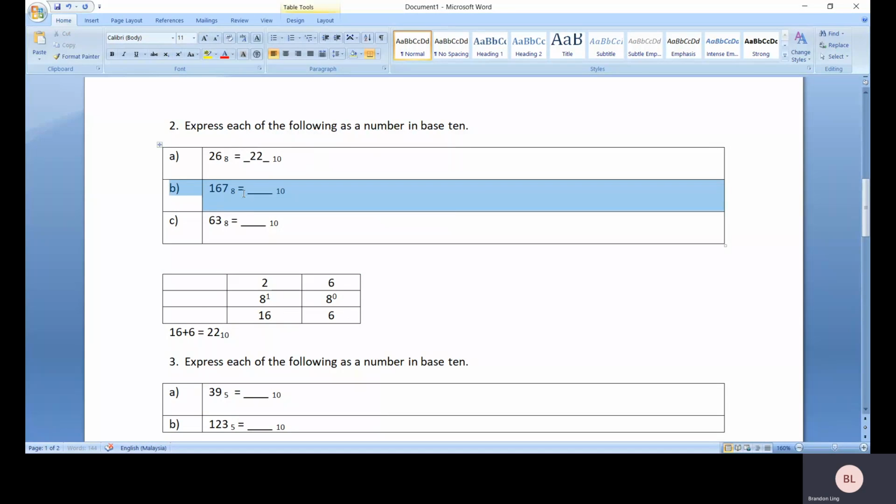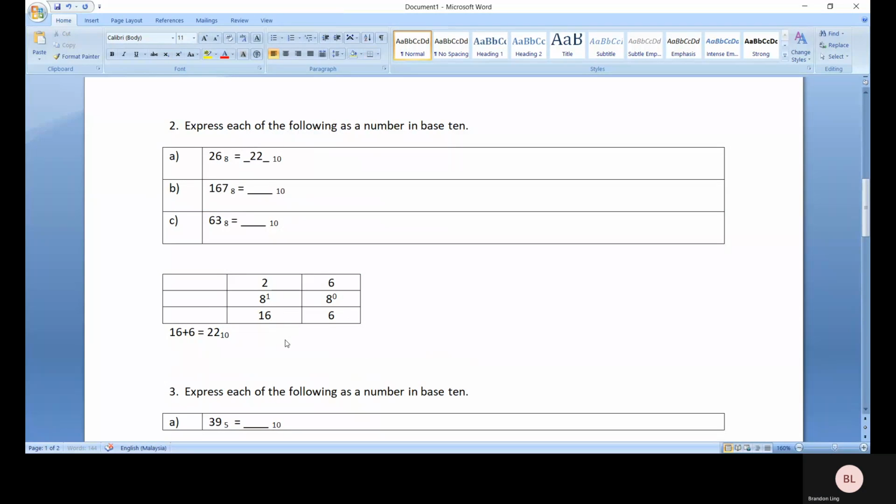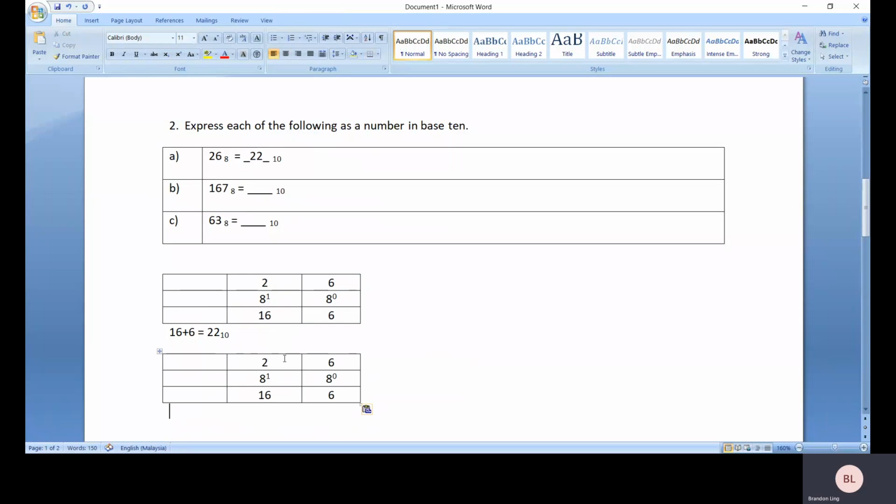We move on to question 2B. Okay, so it's 167. 167 base 8 changed to base 10. 8 to the power of 0, 8 to the power of 1, 8 to the power of 2 here.